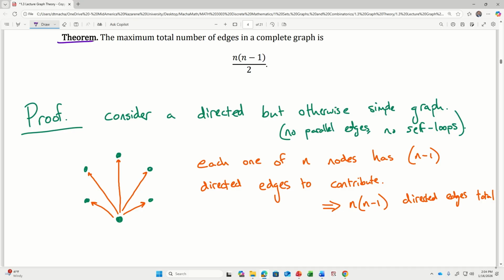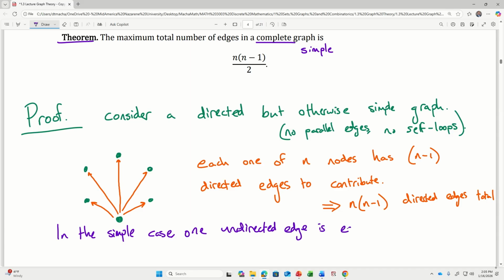But what we're talking about here in this theorem is a complete graph, and a complete graph is simple. And so in the simple case, one undirected edge is equivalent to 2 directed edges.